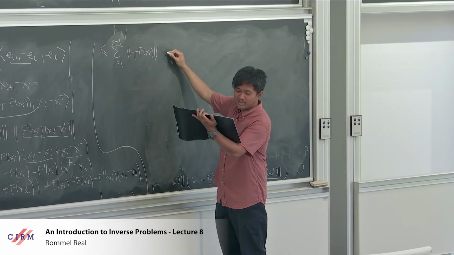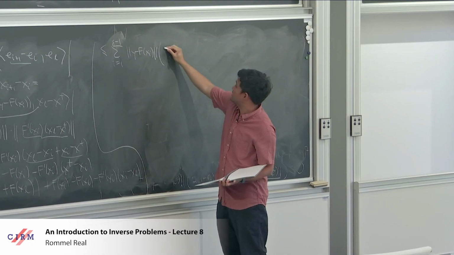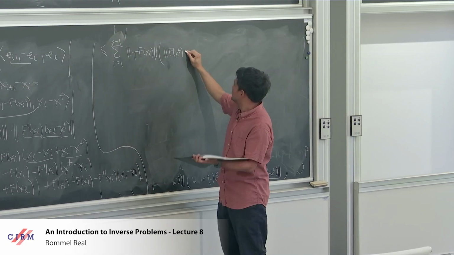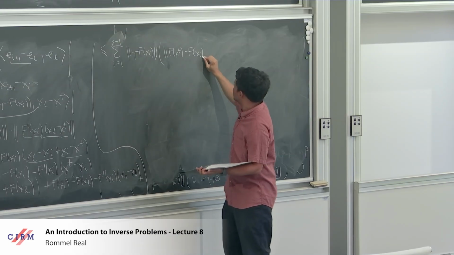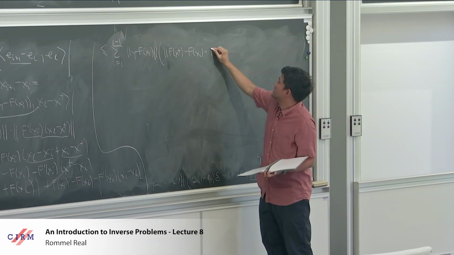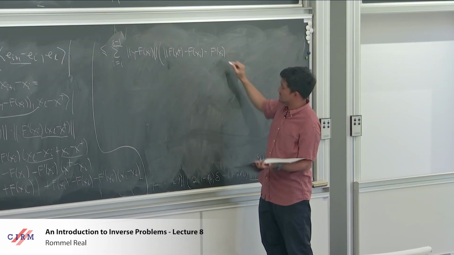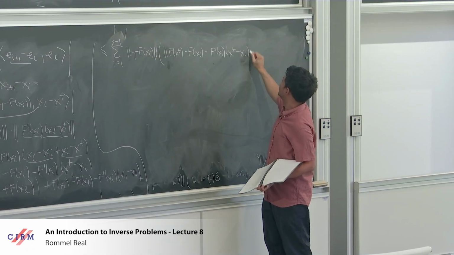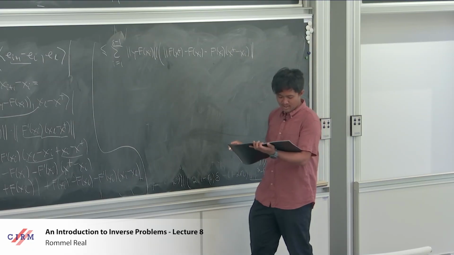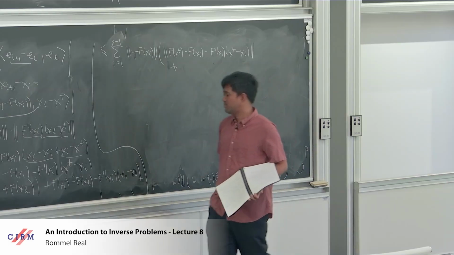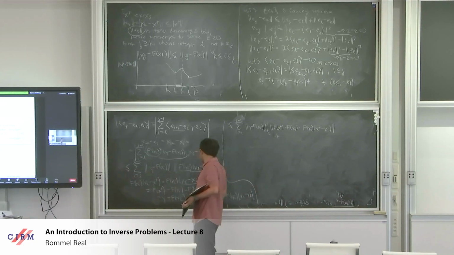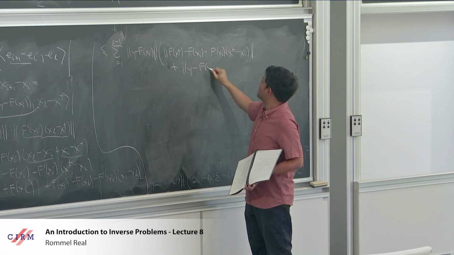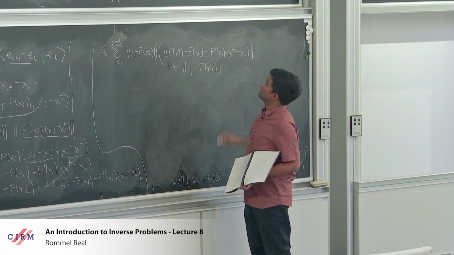Times this one. So first we take the first group. Then plus a second group that's minus y plus f of x sub L. I'll just flip the sign, so that will be equal to y minus f of x sub L. Okay?